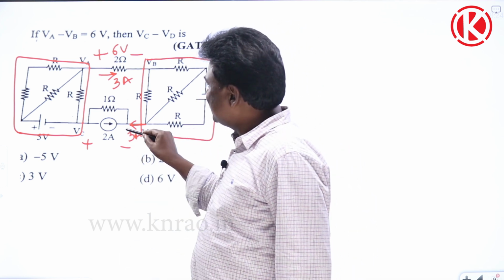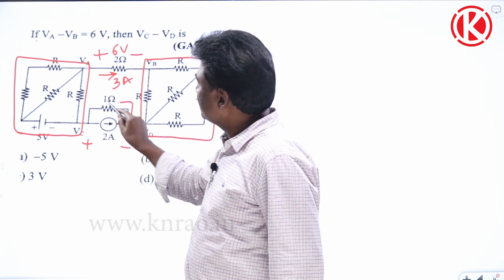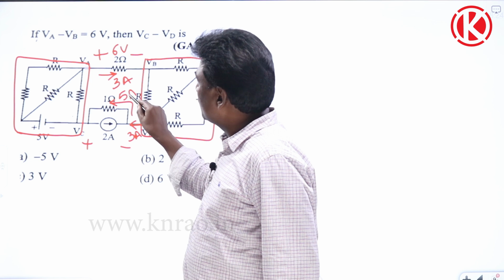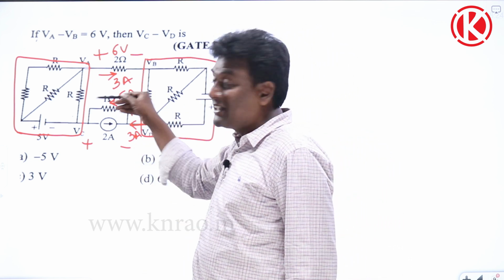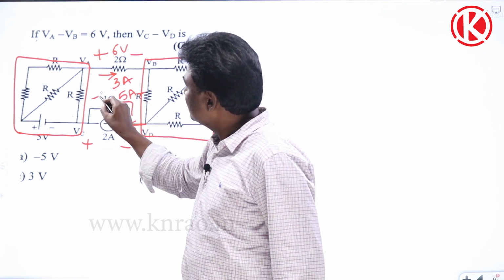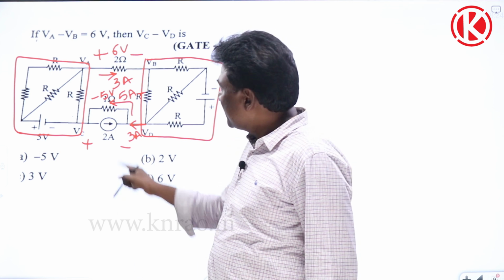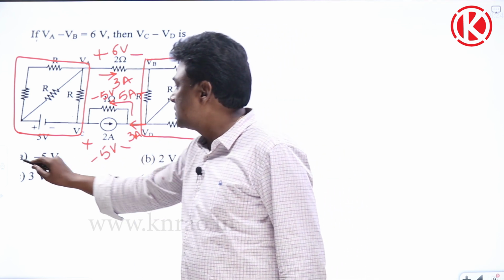Okay, now if it is 3 and already 2 is entering to the same node, so 2 plus 3, 5 amperes will go. So current flowing through this is 2 plus 3, 5 amperes. So answer would be, see here, plus minus 5 volt will come. But VC minus VD they asked, so it would be minus 5 volt.